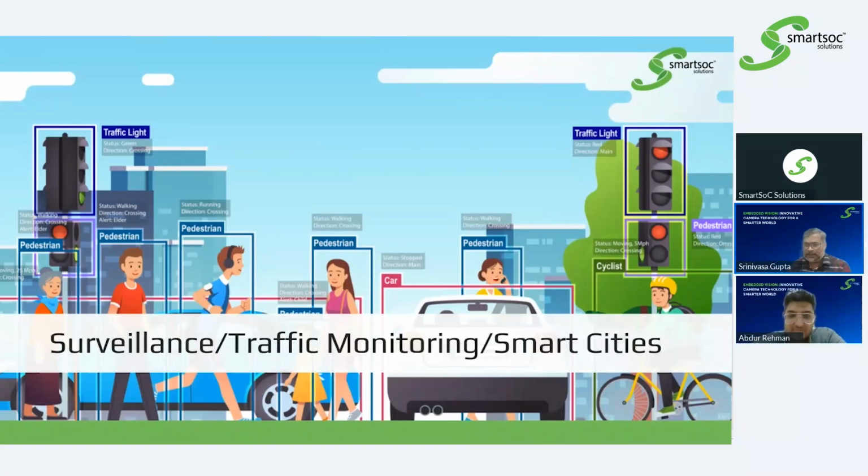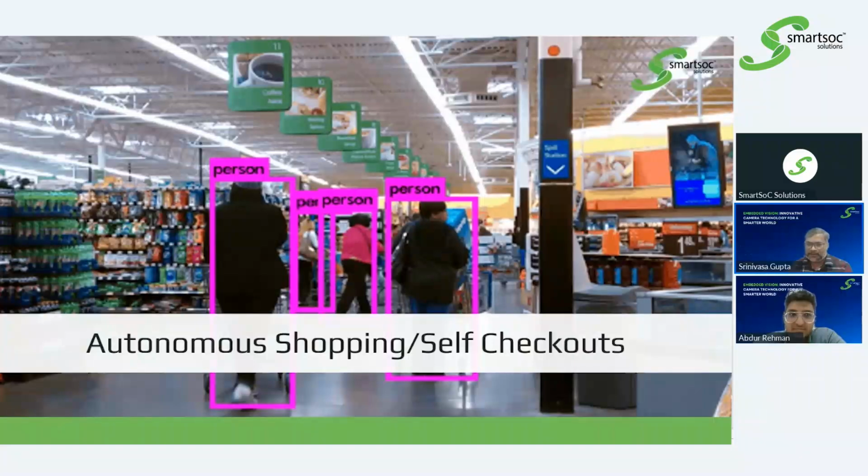Simply, we can take whatever items we need from the shop and put them in the cart, and while crossing the final gate, it will automatically deduct from our wallet. Correct. So everything will be seamless. The entire thing is possible based on embedded vision.